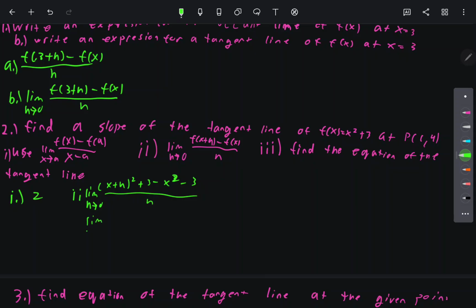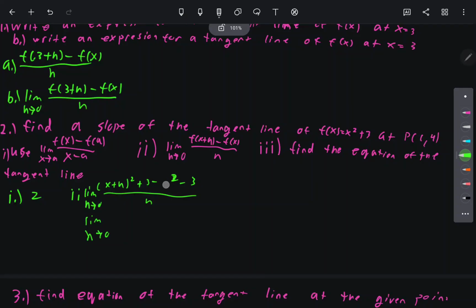Well, this is just the limit as h approaches 0, and actually I want to just make sure I plug in a point here. 1, 1, alright.